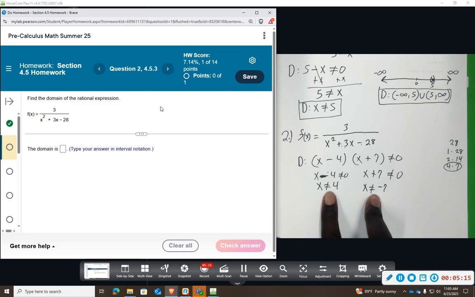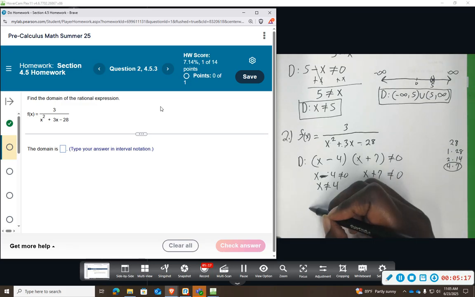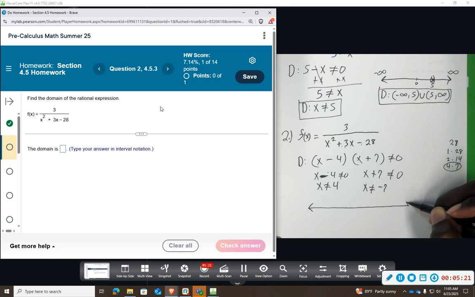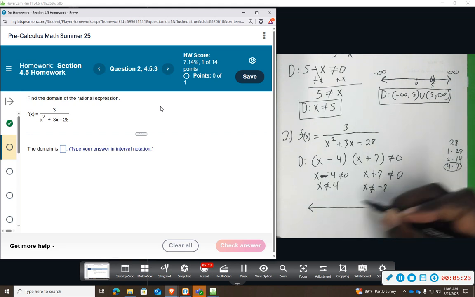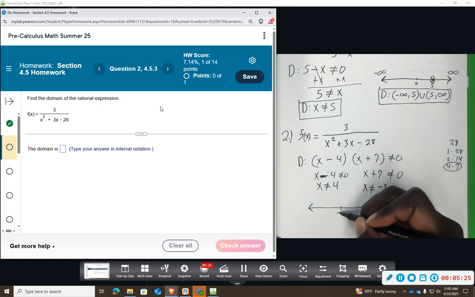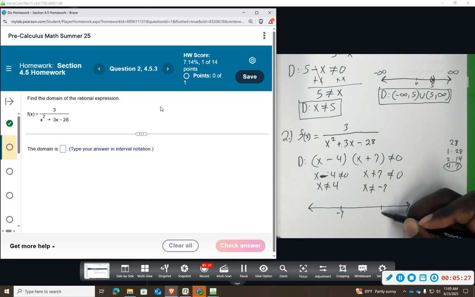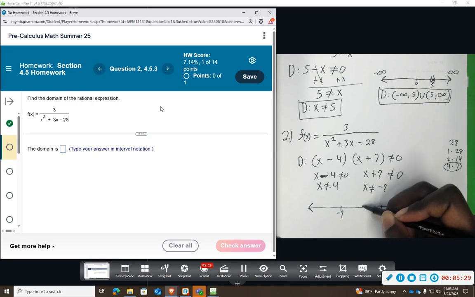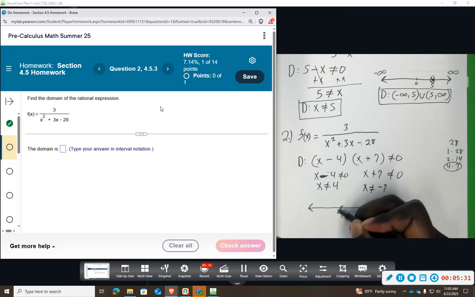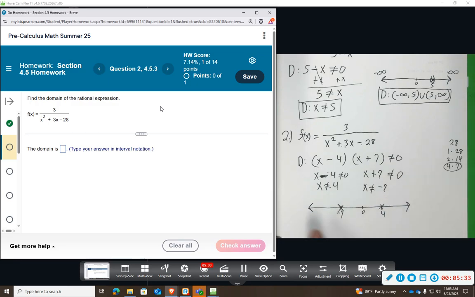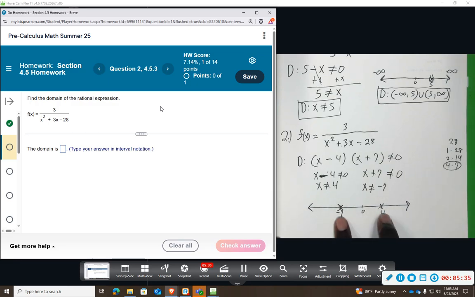Again, we want this in interval notation, so I think about a number line. Negative 7 would be on this side, and 4 would be over here, and let's say 0 somewhere in the middle. We would get rid of this number and get rid of this number, so it breaks our number line into 3 sections.